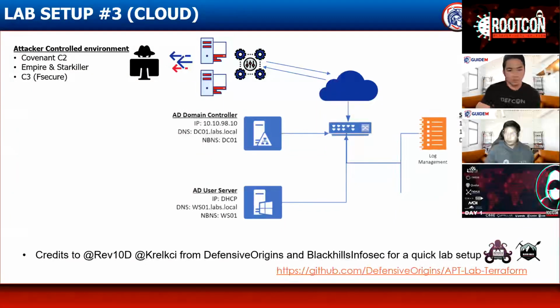It's a Terraform deployment script that basically gives you an environment wherein there is verbose logging, Sysmon is already configured, and you have Help by CyberWar. This one, we also integrated our custom machines for the attackers, such as Covenant, C2, Empire, and Starkiller. We also have C3 by F-Secure here as well.